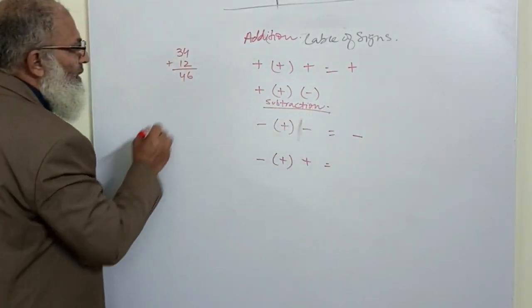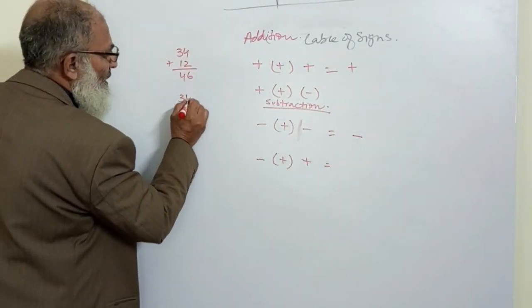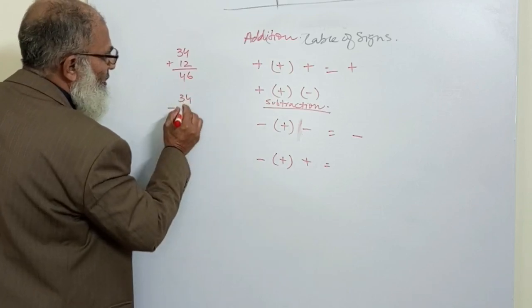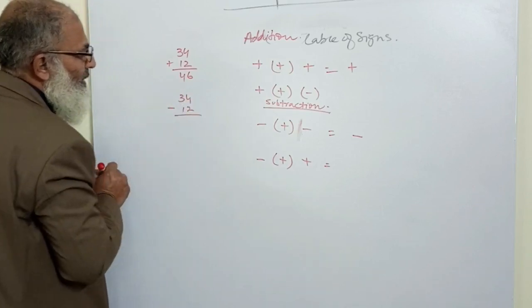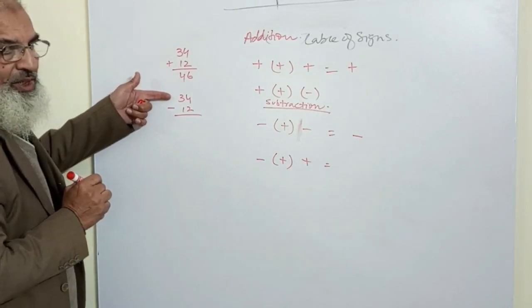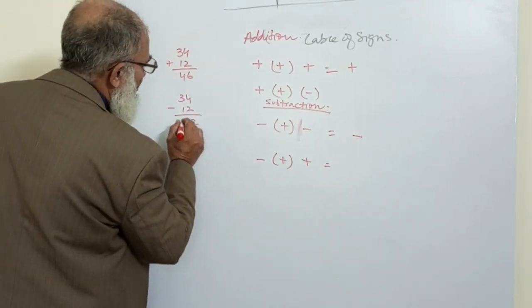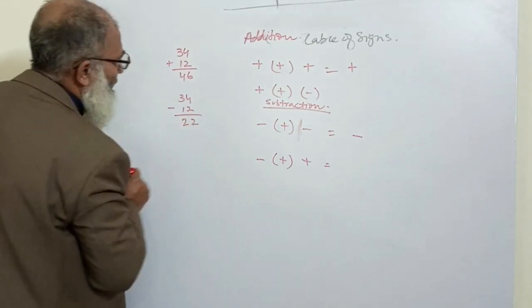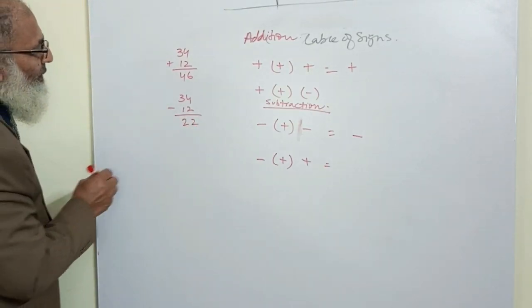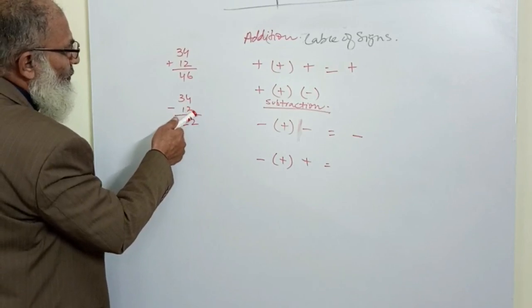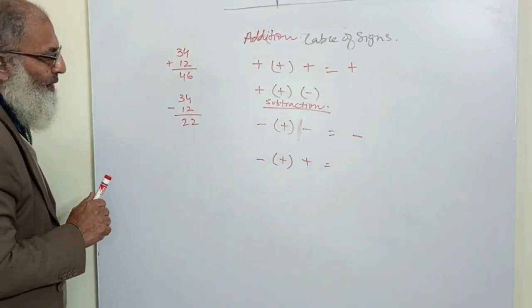For the same numbers, if we subtract 12 from 34, and you see that 34 is a positive number, what we get here is 22.